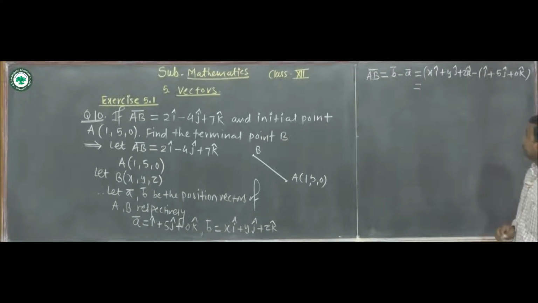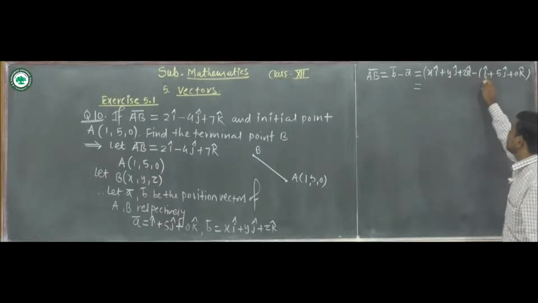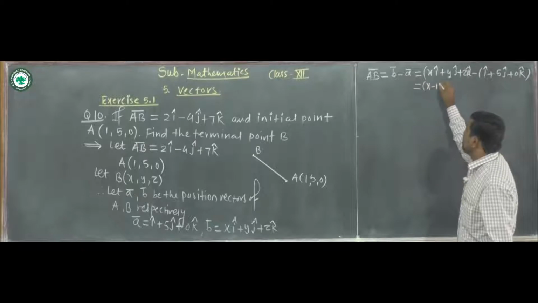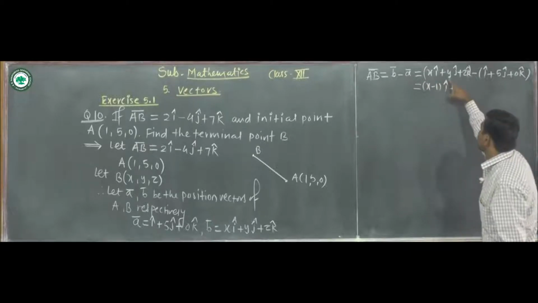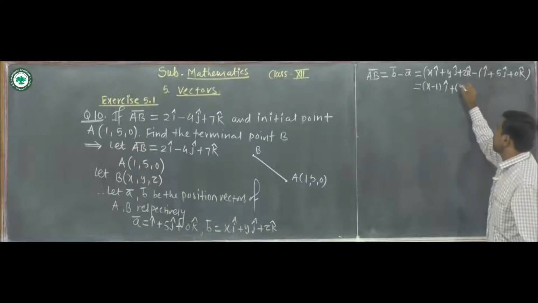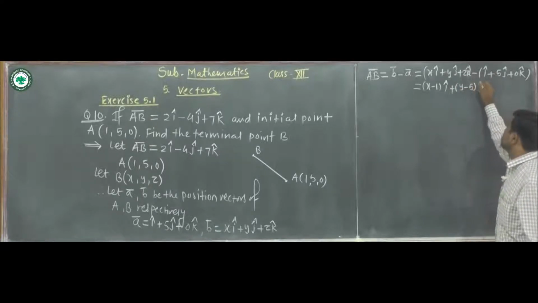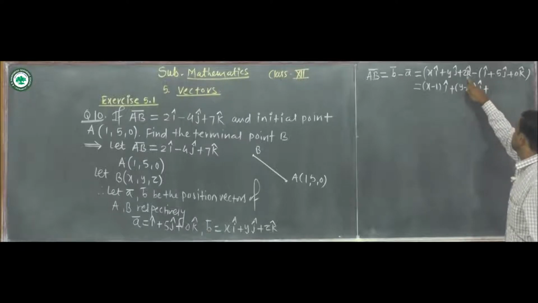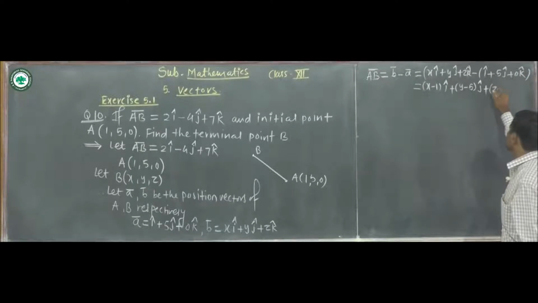When we subtract two vectors, we subtract their corresponding components, the components of i, j, k. So x into i cap minus i cap becomes x minus 1 into i cap, plus y minus 5 into j cap, plus z minus 0 into k cap.